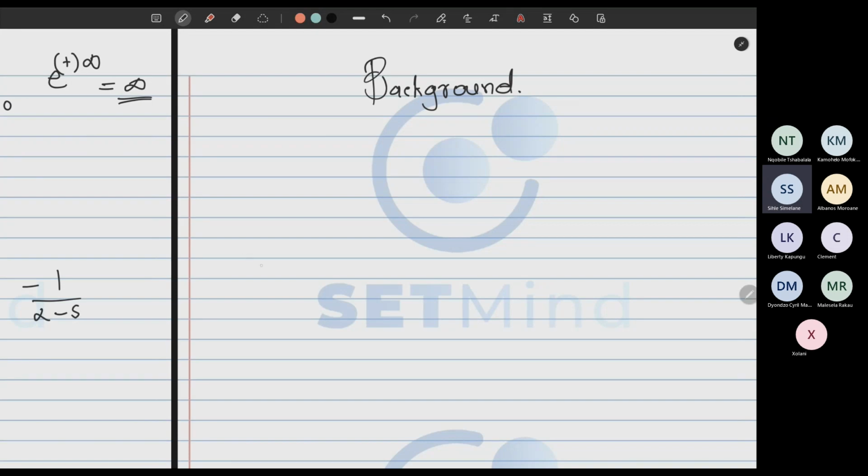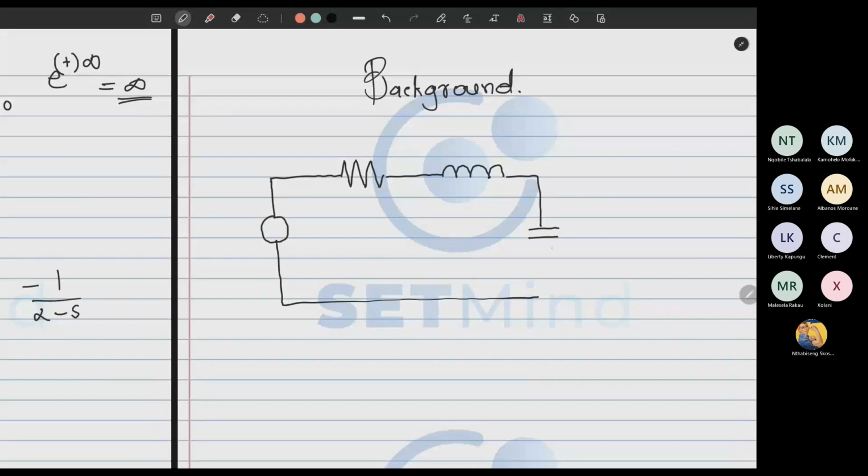So let's consider a simple circuit where we have the power source and we have a resistor. And let's see, we have an inductor and we have a capacitor. And then we have plus or minus.